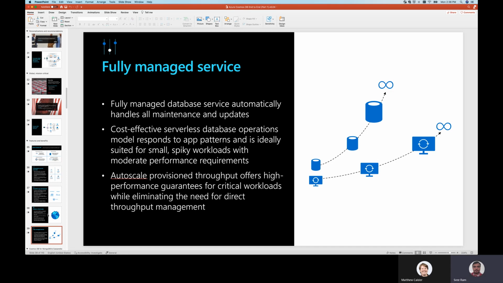So we offer different strategies for you to perform the scaling. You can have provisioned throughput. Within the provisioned throughput, you can do it in a manual way, or you can set up autoscaling. And also we introduced a serverless component very recently into the mix, wherein you can use our cost-effective serverless scaling for your development and small workloads.